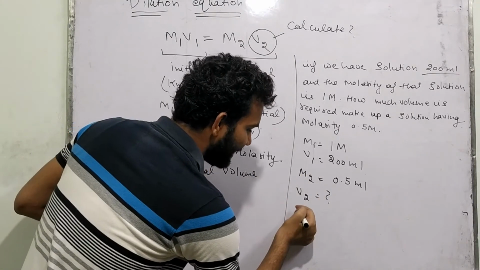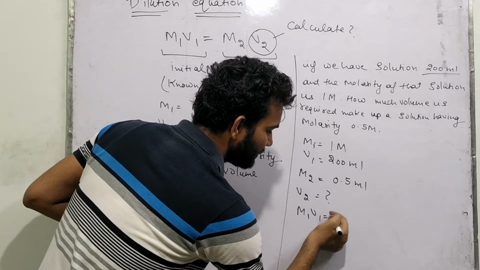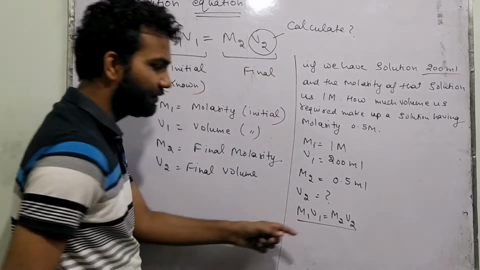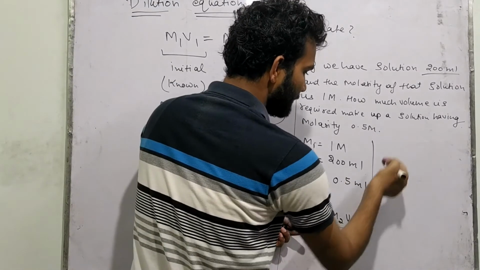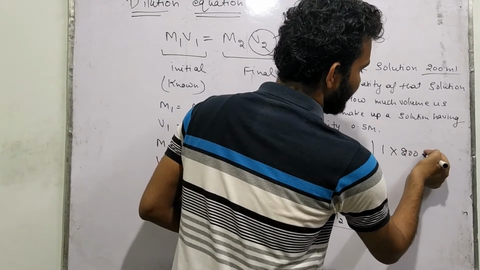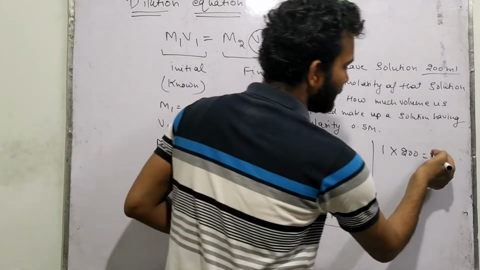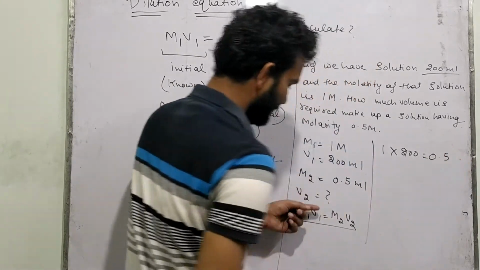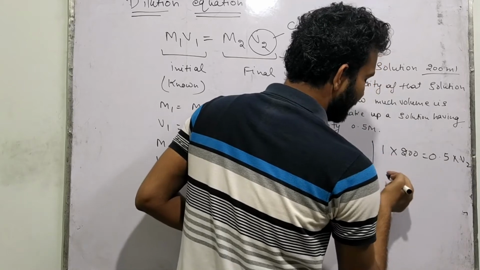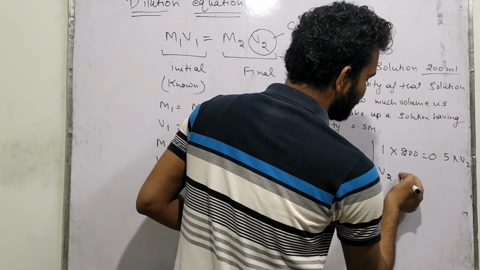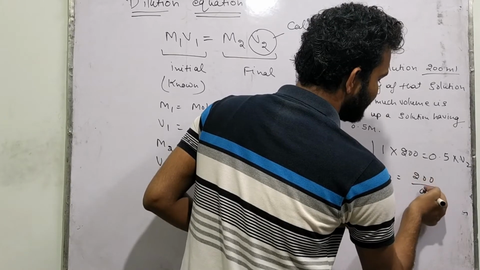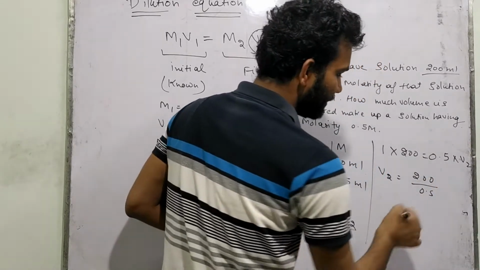कैसे कैलकुलेट करेंगे? M1 V1 is equal to M2 V2. Now M1 is 1 into V1 is 200 is equal to M2 is 0.5 and V2 is to be calculated. Okay, now V2 is equal to 1 multiplied by 200 divided by 0.5.